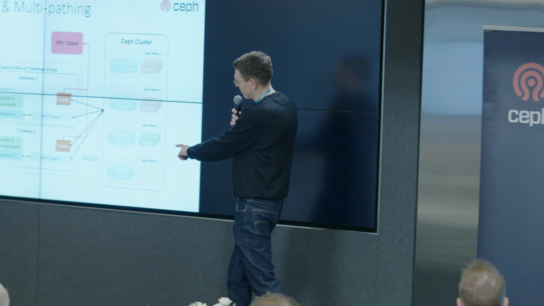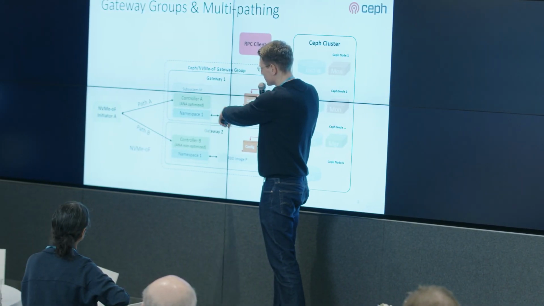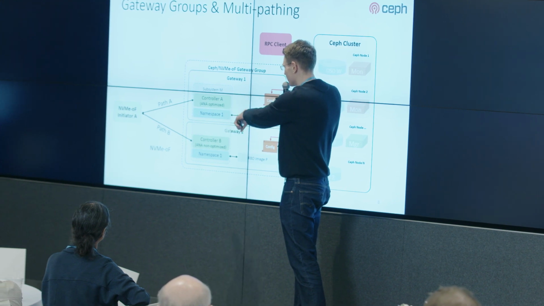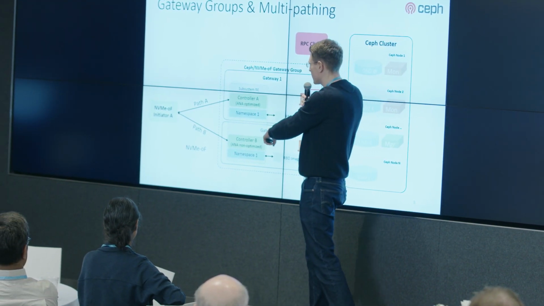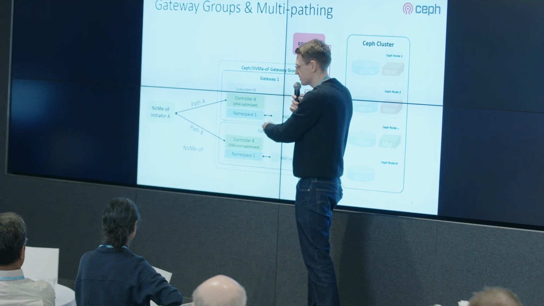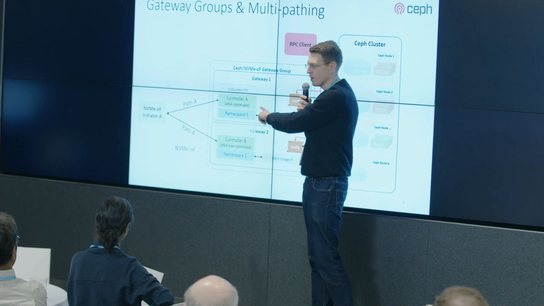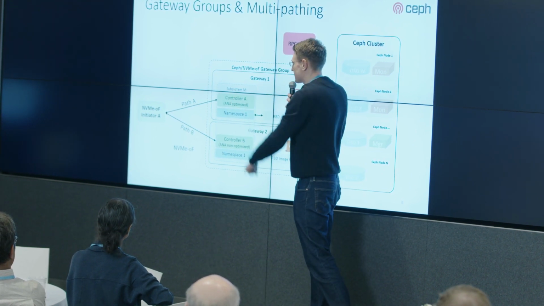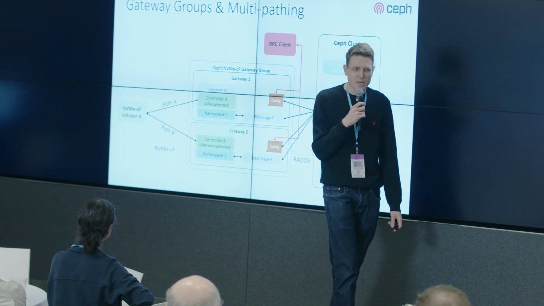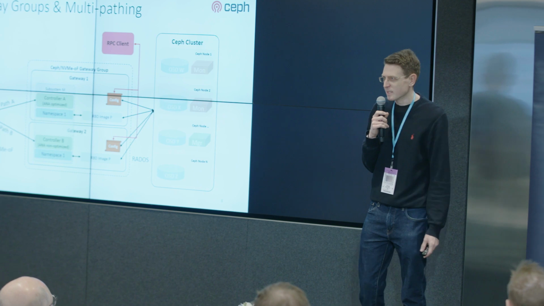Okay, so now you have set up multiple paths. We are also in the process of implementing something else. It's natively supported by SPDK, so it's just for us to add the RPCs for it, so that you can specify which of the paths are optimized and which are non-optimized. This is a hint for the client about which path it should use to access a particular gateway.